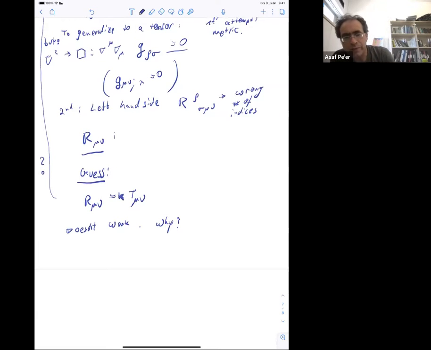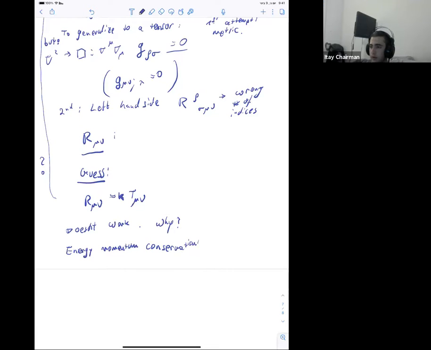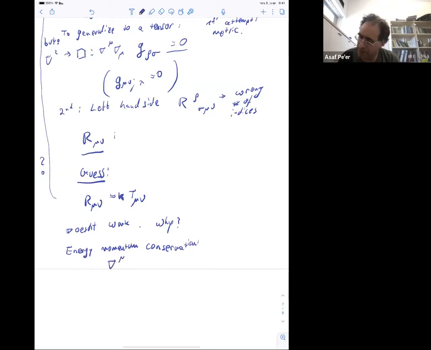Because when we use the principle of equivalence, the statement of energy momentum conservation, how do we write energy momentum conservation? Partial derivative according to one of the indices. Right, covariant derivative. So nabla mu T mu nu is equal to 0, in curved space. But if this equation were correct, that means that nabla mu R mu nu equals 0.